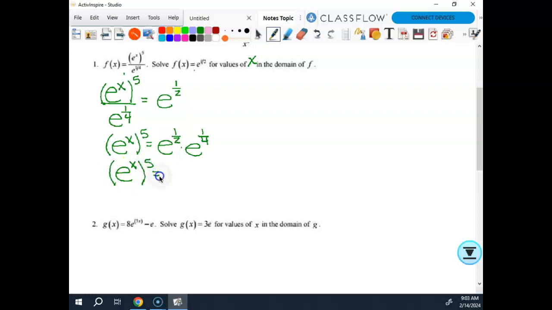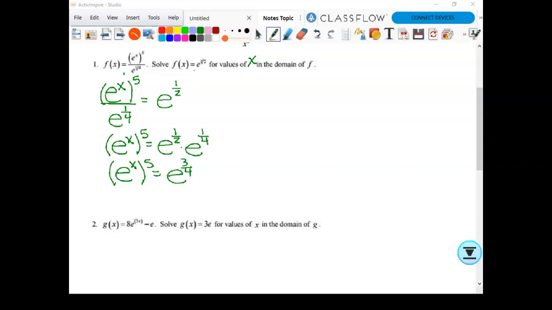And then what is e to the 1/2 times e to the 1/4? E to the 3/4. So now, at this point, could I drop the e's and just keep the exponents? Is that acceptable? Yes. So in this case, I do want to make it 5x, and I can do that when I drop them.